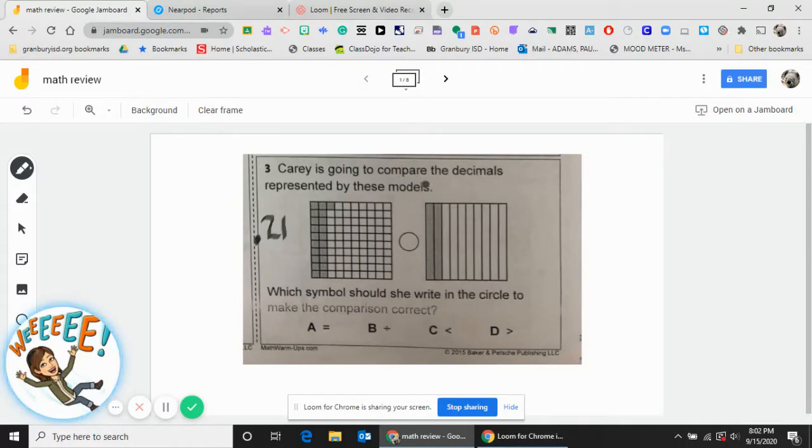This one is 2 base 10 bars, so that would just be decimal 20. There we go. That means the alligator is going to eat the larger piece. I've got a greater than sign, which tells me D is the answer. I hope that you got that one correctly.